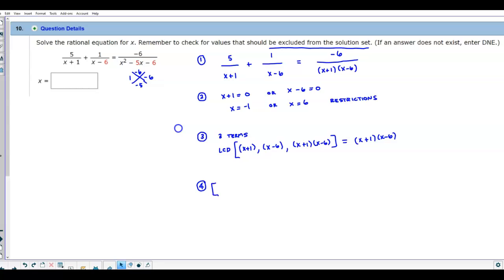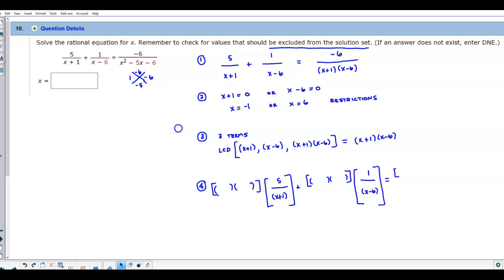So I'm going to go ahead and write that here. So we have our LCD. We're going to multiply that by 5 over x plus 1. Plus, again, we're taking our LCD, multiplying that by 1 over x minus 6.